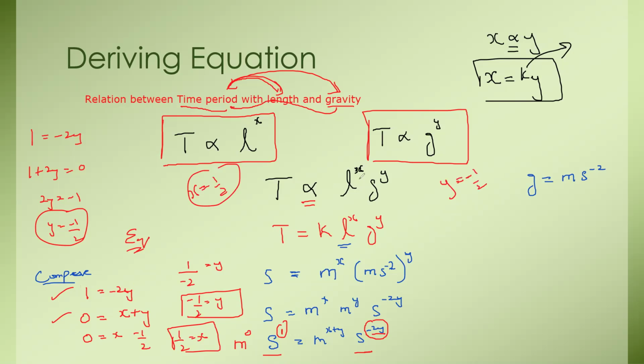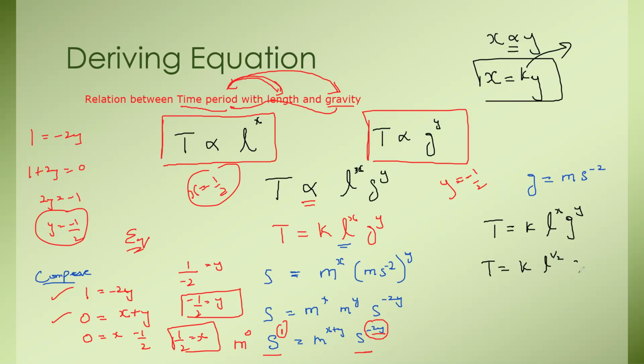So what will the equation be now? The actual equation is T is equal to k L raised to power x and g raised to power y. If I substitute the values of x and y, L has power x, which was half, so this is 1 by 2.